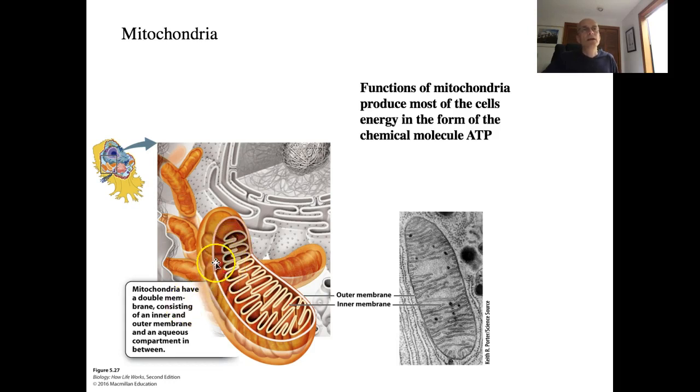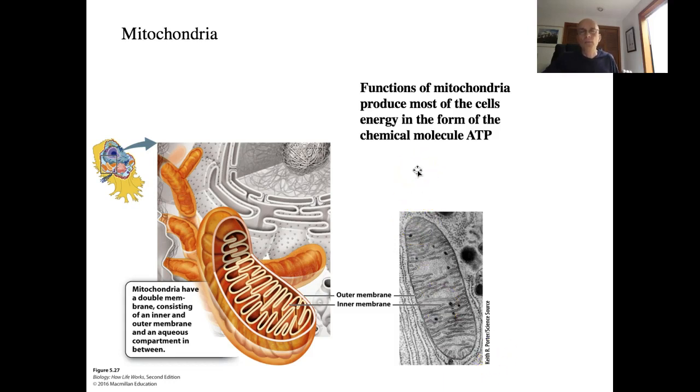And inside the mitochondrion, this is an electron micrograph of a mitochondrion. Inside, along these membranes, ATP is produced. And exactly how that is produced, we will discuss in great detail in the next few chapters. But this is where it is produced.